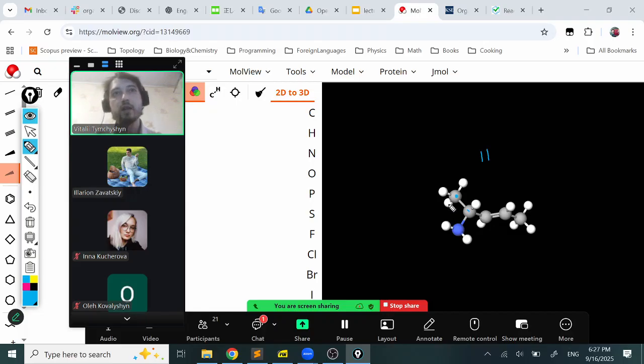Because we need the number of different substituents, it should not just have 4 bonds, it should have 4 bonds to 4 different things. And here it has bonds only to 2 different things. So one is hydrogen, one is, well, all the rest of the molecule. So this one will not be chiral, while this one will be.